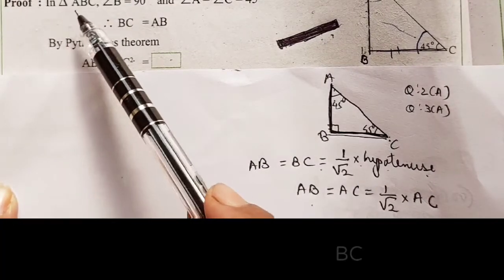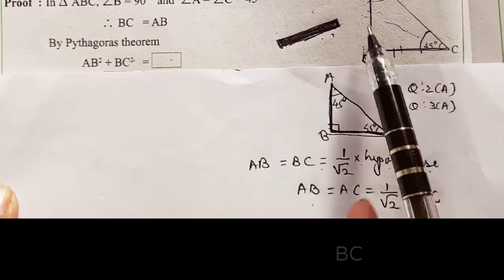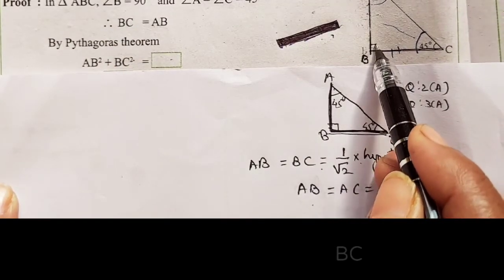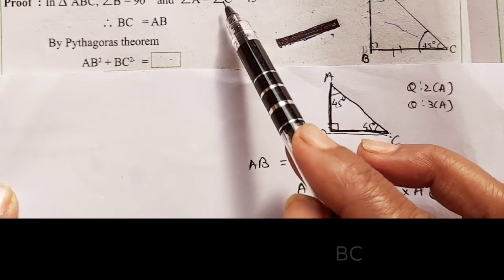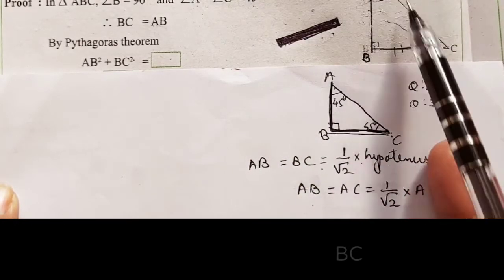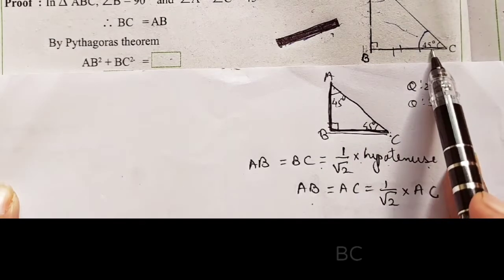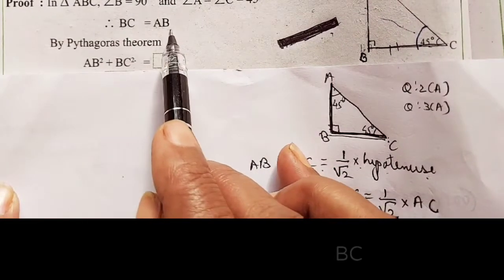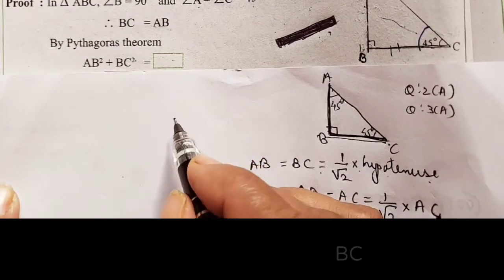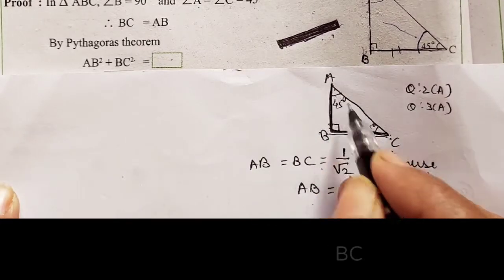What we have in triangle ABC, angle B is 90 degree. See, this angle is 90 degree. Then angle A and angle C are 45 degree. These two angles are equal. Therefore, BC is equal to AB. You know, see here, these two angles are equal.